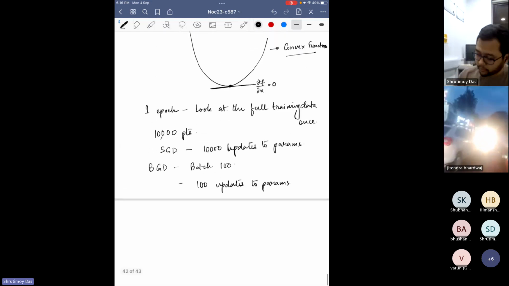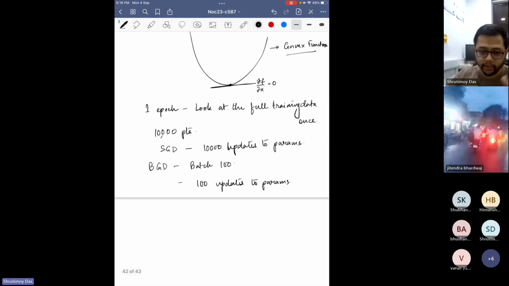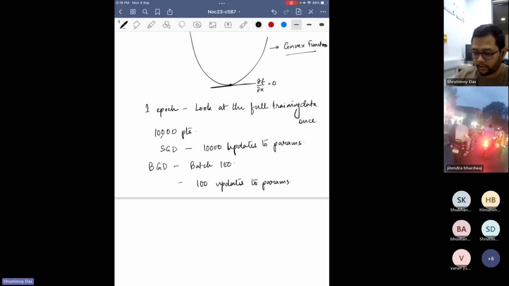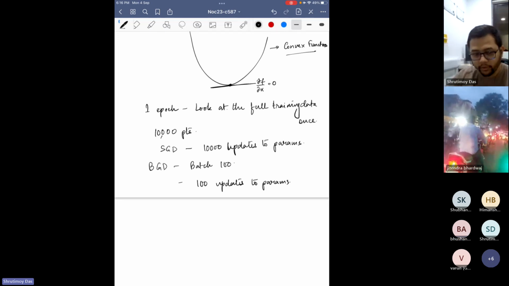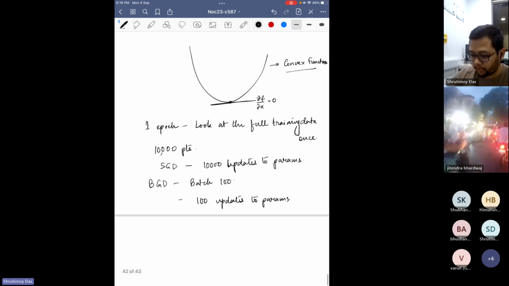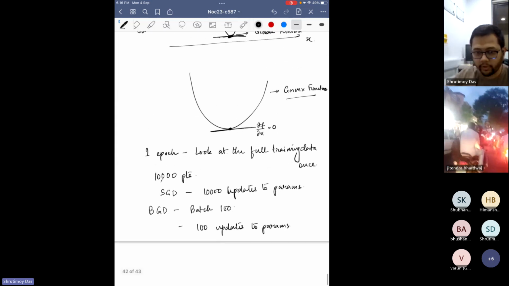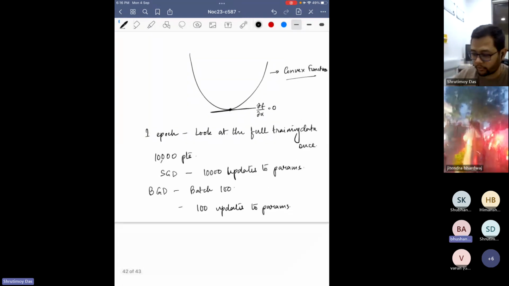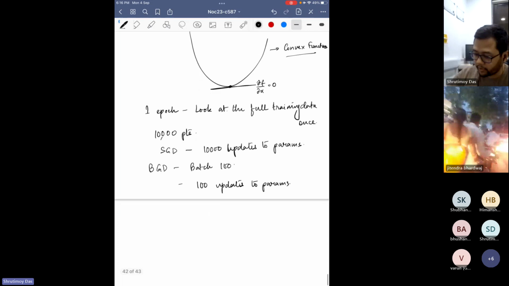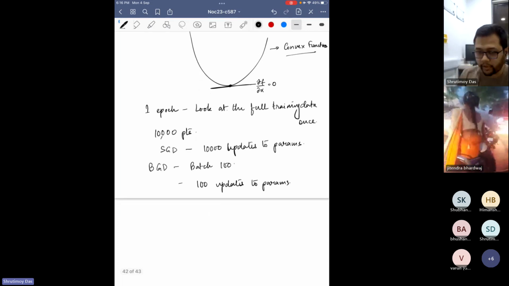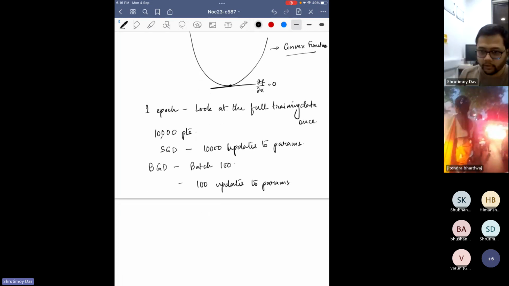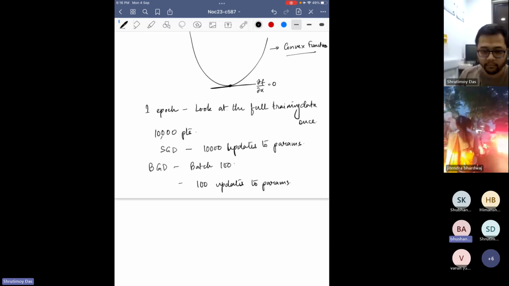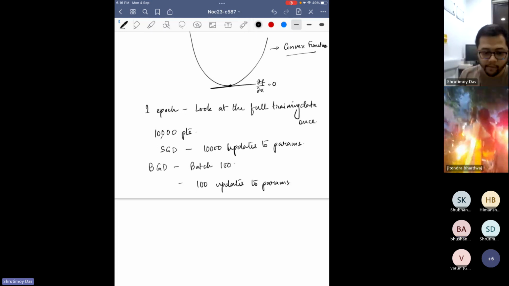Because you are using more data for calculating the derivative in batch gradient descent, the direction in which your parameters move will be better compared to stochastic gradient descent. However, stochastic gradient descent also has more updates.